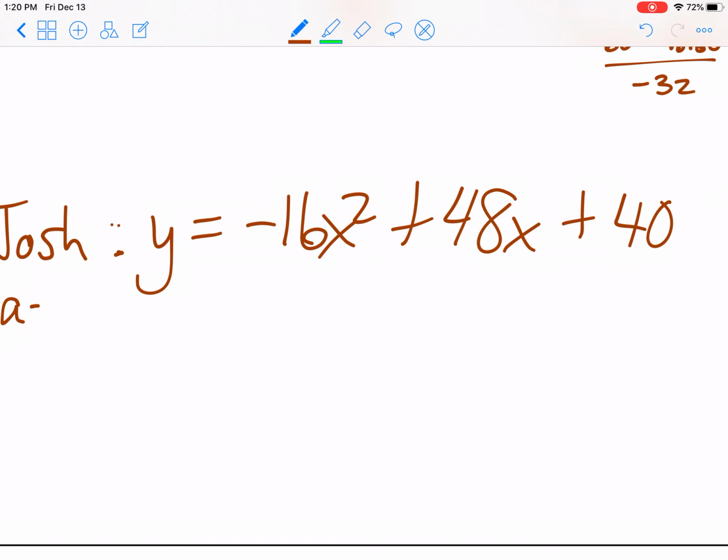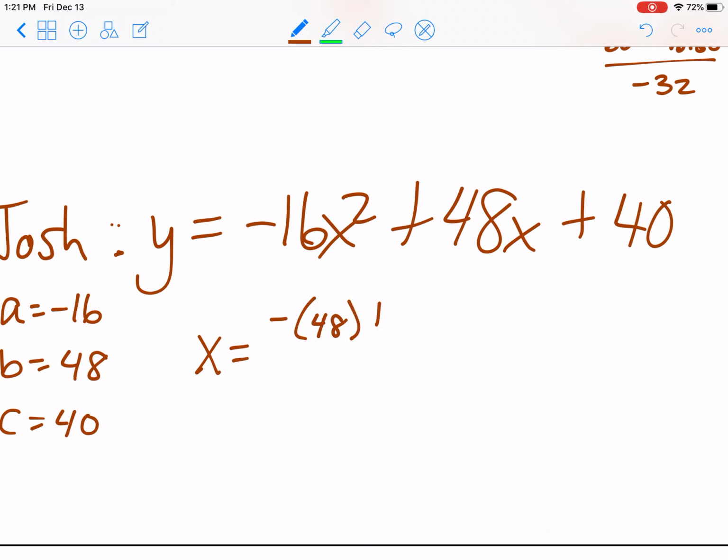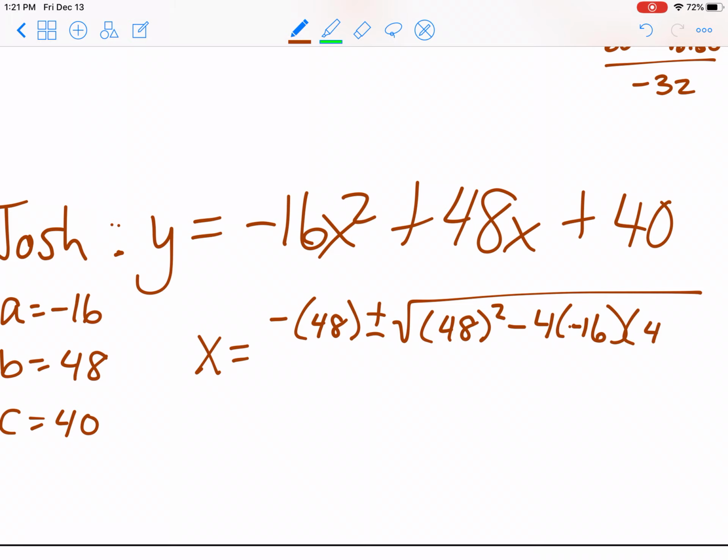So in this case, A is negative 16, B is 48, and C is 40. So we want x equals negative b plus or minus the square root of b squared minus 4 times a times c, all over 2a.